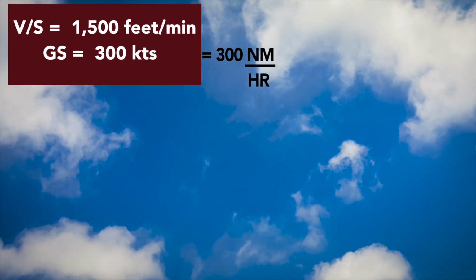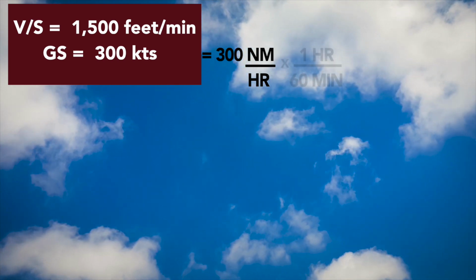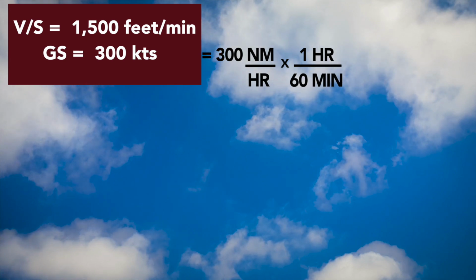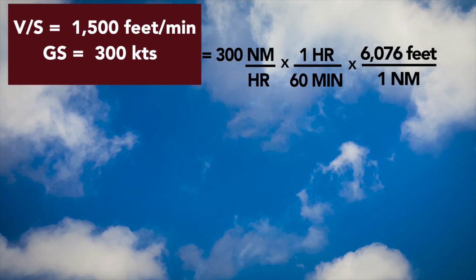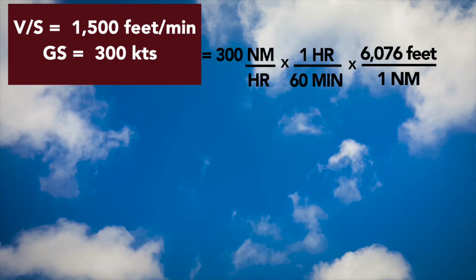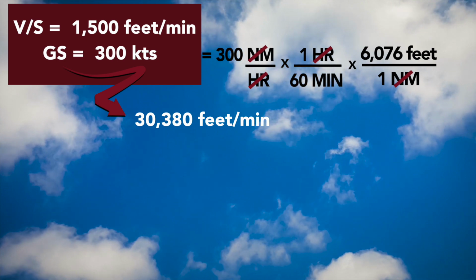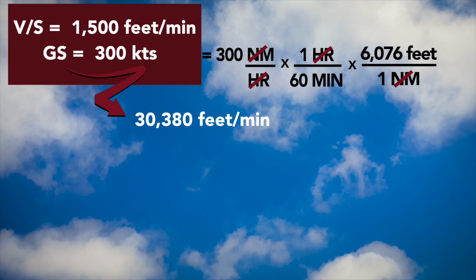First we need to divide 300 by 60 to convert to nautical miles per minute. And then we have to multiply this value by 6076 because 1 nautical mile equals 6076 feet. So the result of all of this will be 30,380 feet per minute, which is our ground speed converted into feet per minute.